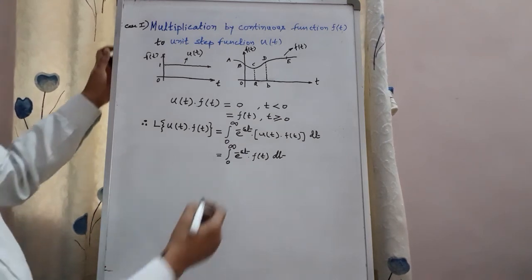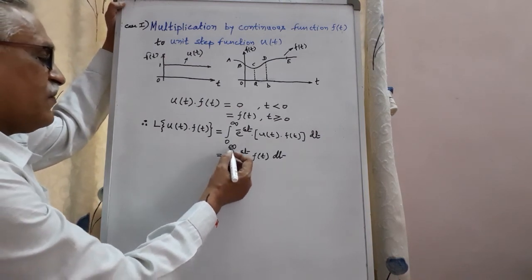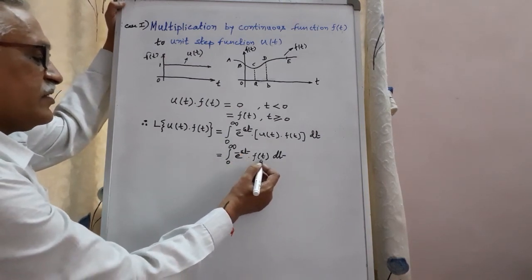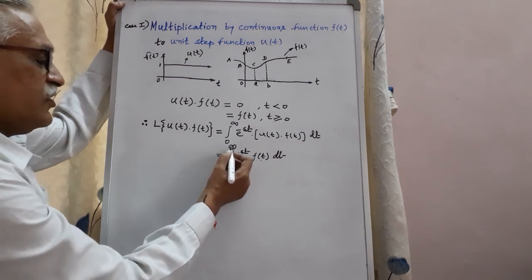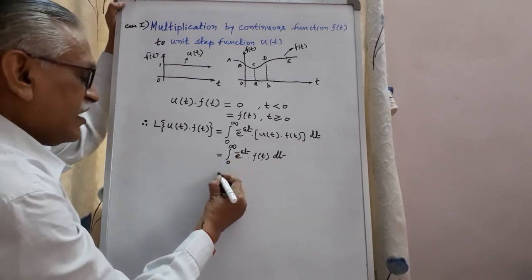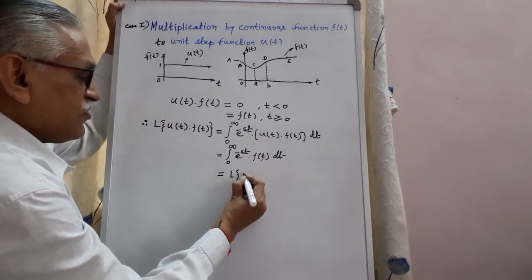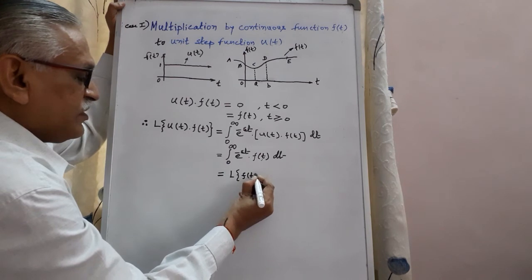Okay, and then this is the definition of Laplace transform of f of t. Okay, 0 to infinity e raised to minus st f of t dt is Laplace transform of the function f of t.